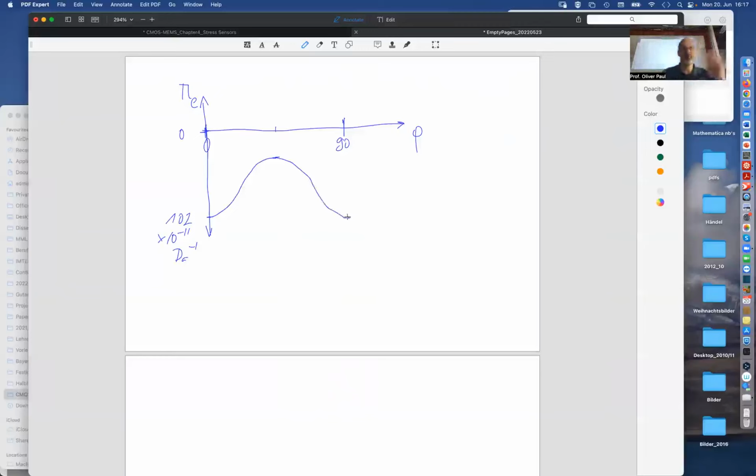Okay, and that's it. These curves are actually very simple cosinusoidal curves.